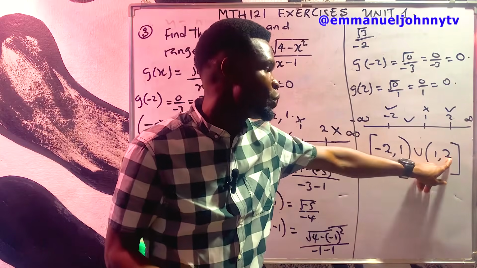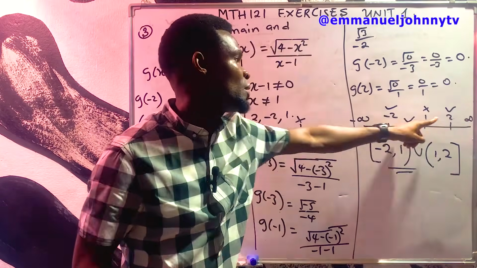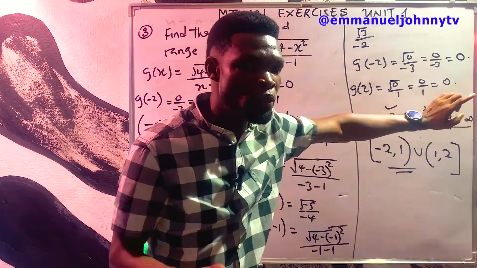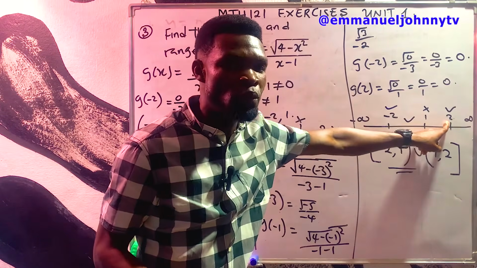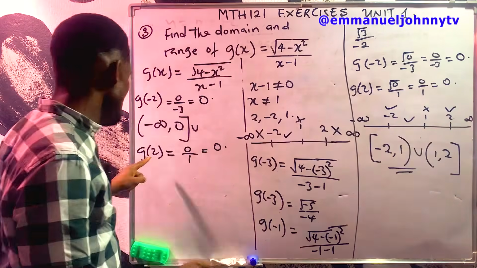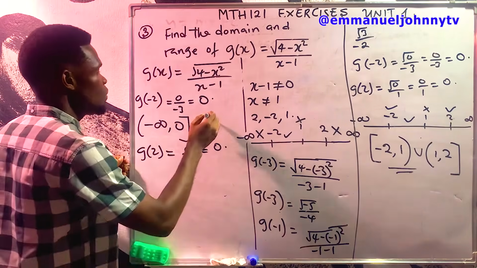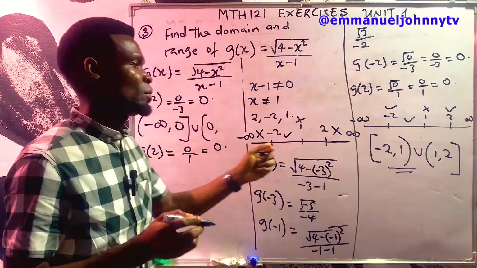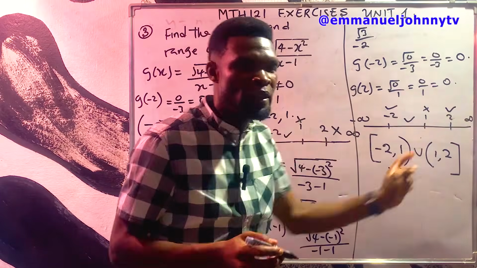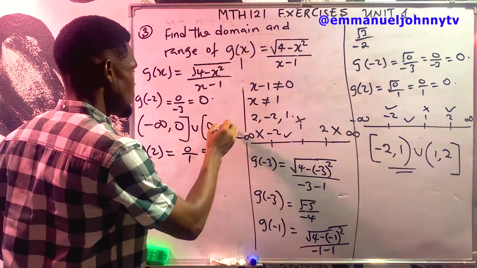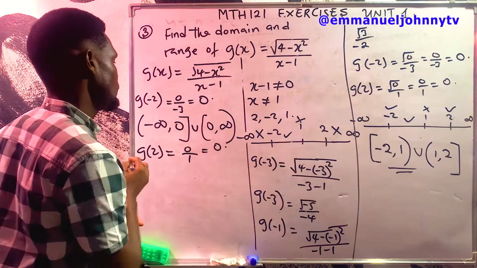So that will be from 2 to positive infinity. And don't forget, 2 outputs 0. So that will be from 0 to positive infinity.